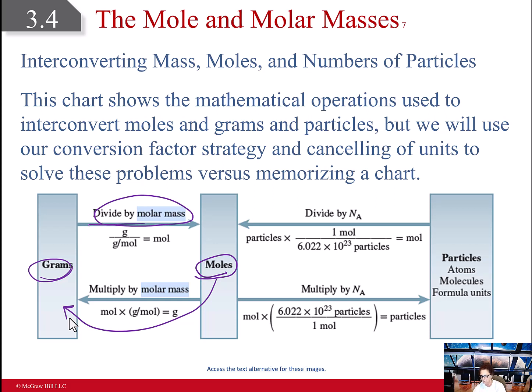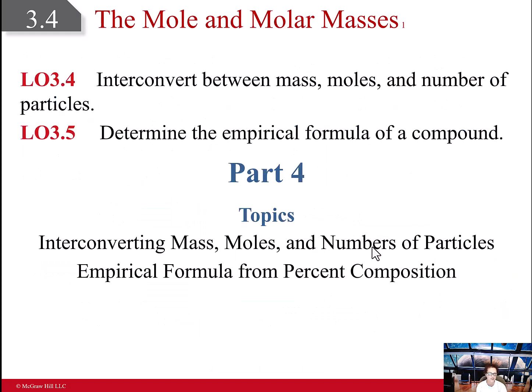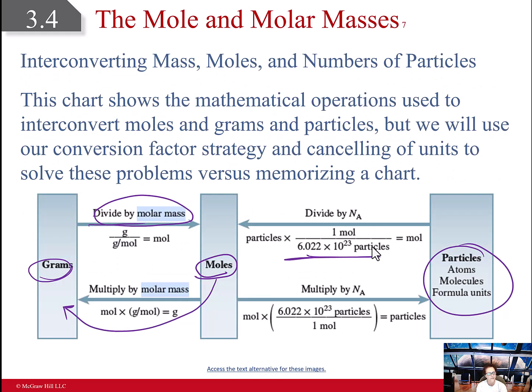Same thing with particles. Avogadro's number is what takes us back and forth between particles and moles, or atoms and moles, or molecules and moles. So you can remember how to do that conversion without having to memorize every little thing.